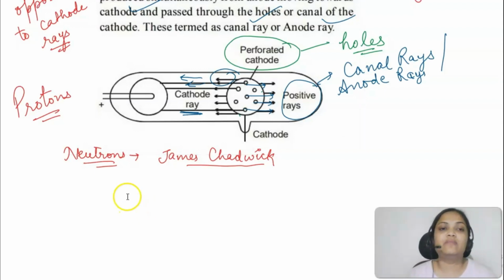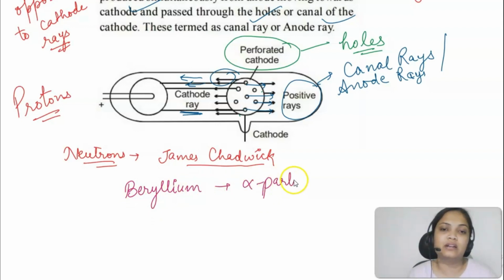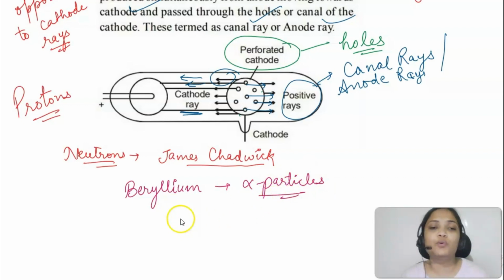So James Chadwick bombarded the beryllium sheet, okay. He took a very thin beryllium sheet and bombarded it with alpha particles, and then he observed some particles which were carrying no charge. They were not having any charge, that's why their discovery took time.